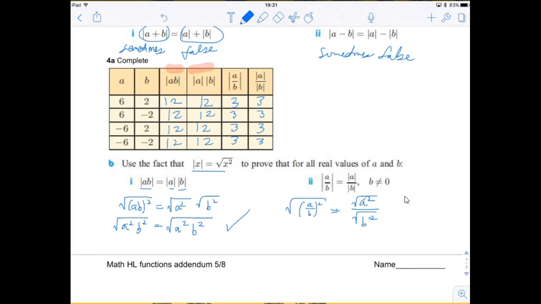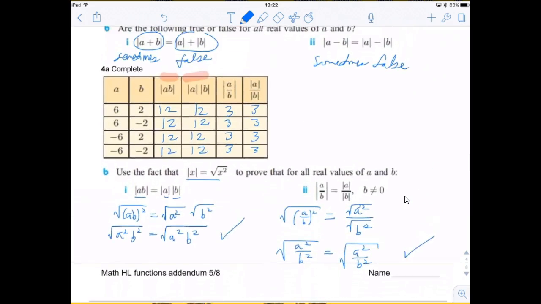And on the left side, let me fix that terrible equal sign. Left side is going to be a squared divided by b squared. And then the right side is going to be, well, let's combine the a squared and b squared because we can do that. Everything under the same root sign. And we ended up with the same thing. Okay? And that was page 4.